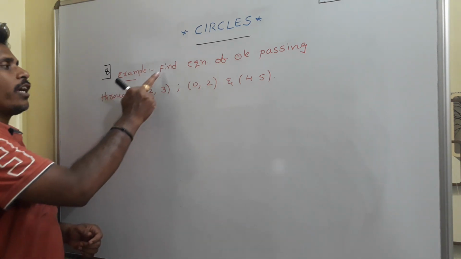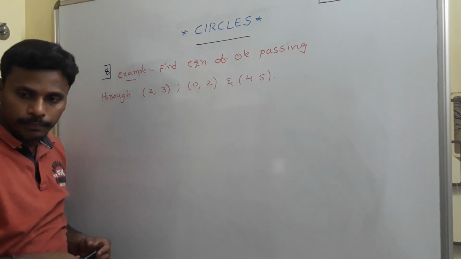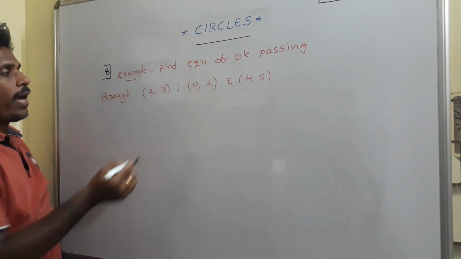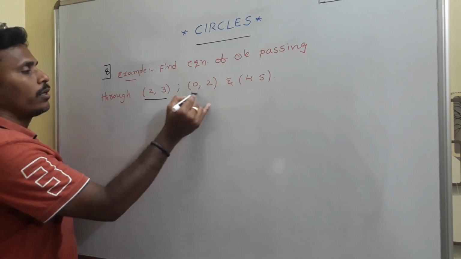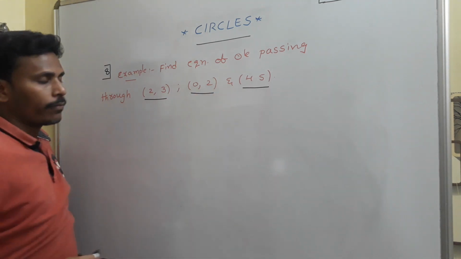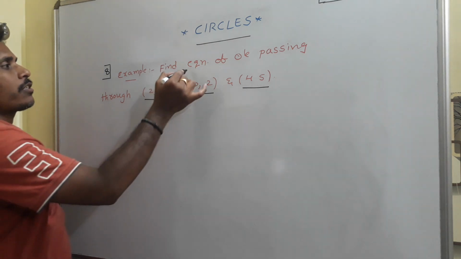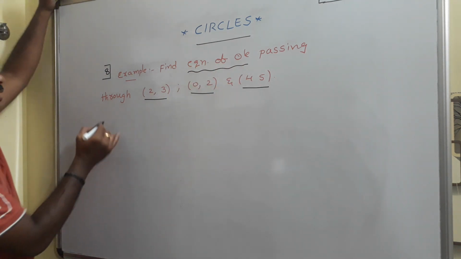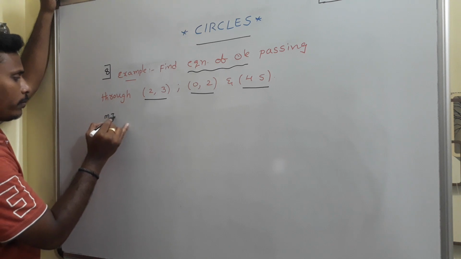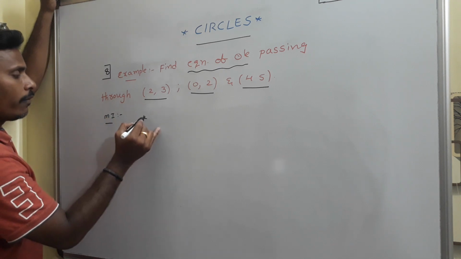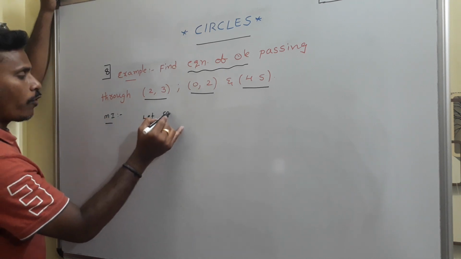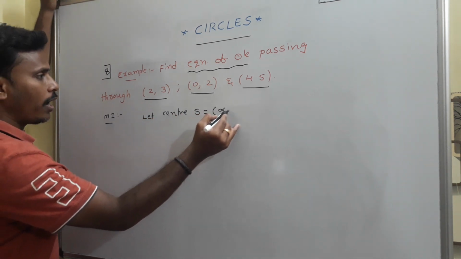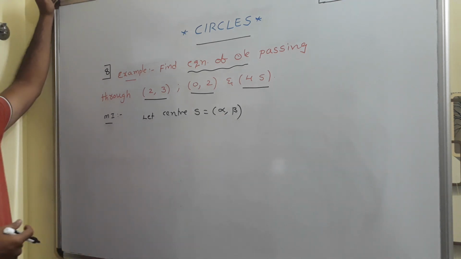Finding the equation of a circle if 3 points are given. We just discussed different methods. Now I have 3 points (2, 3), (0, 2), (4, 5) on a circle. Our task is to find the equation of the circle. Okay, so now I am using method 1. In this method 1, we need to let the center of the circle, let center S be (alpha, beta).